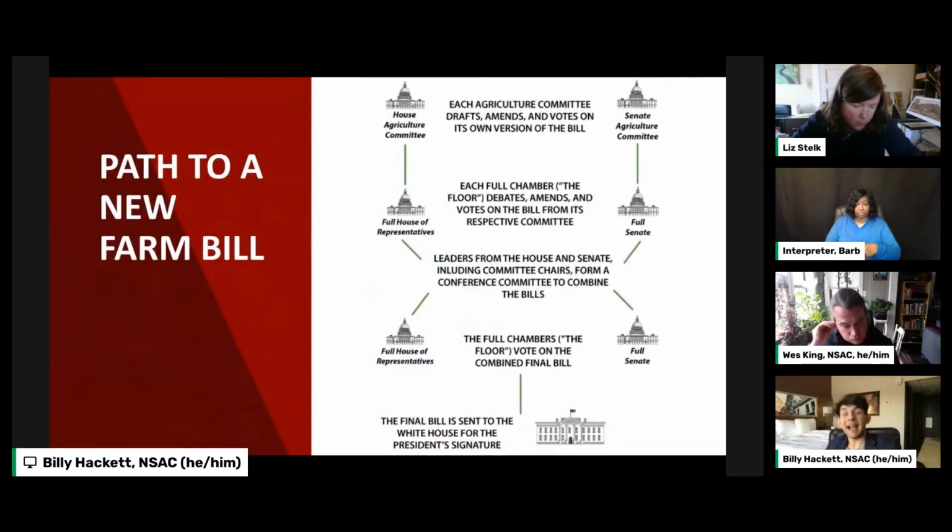So what's the path to a new Farm Bill? Right now we're in 2022, and the next Farm Bill we expect to pass in 2023. Not a promise, but an expectation. Right now in the process, NSAC and our partners are developing the policies we want to see in the Farm Bill.